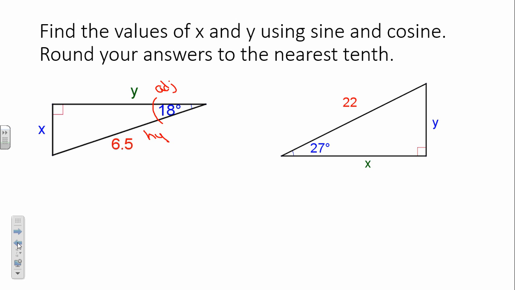The hypotenuse is 6.5. So if we're looking for adjacent and we have hypotenuse, which part of SOHCAHTOA are we working with? The CA. Does everyone see why? Because the cosine is the adjacent divided by the hypotenuse. A for adjacent, H for hypotenuse.